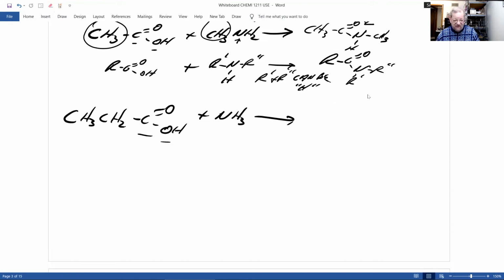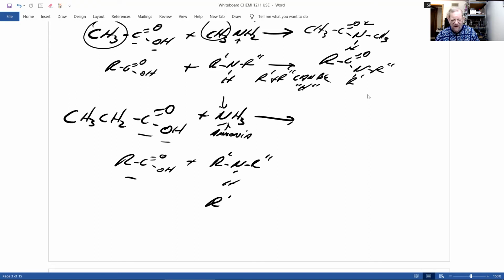Look for what's different, oxygen's there. But here I have ammonia. But remember, for this reaction, a carboxylic acid reacting with something with nitrogen in it, R prime and R double prime, one or both, can be hydrogen. And in this case, they are. And you'll get an amide.